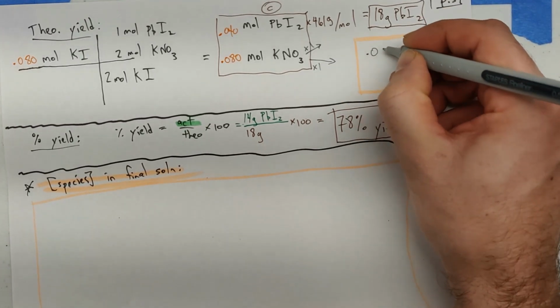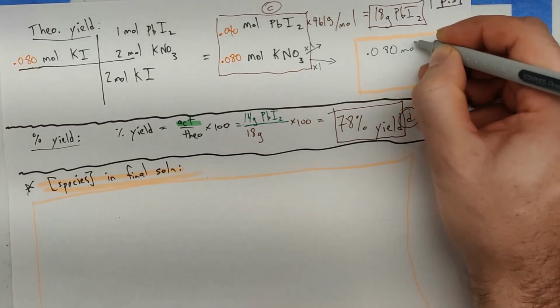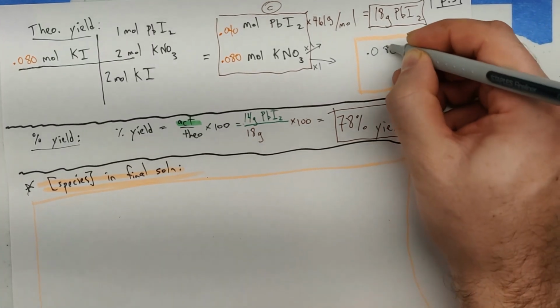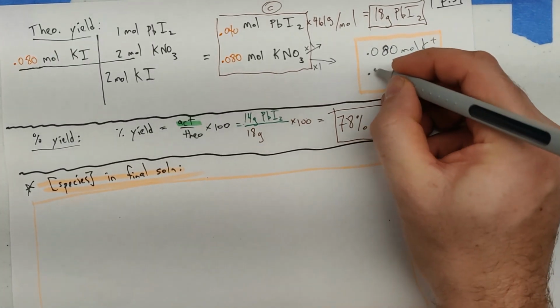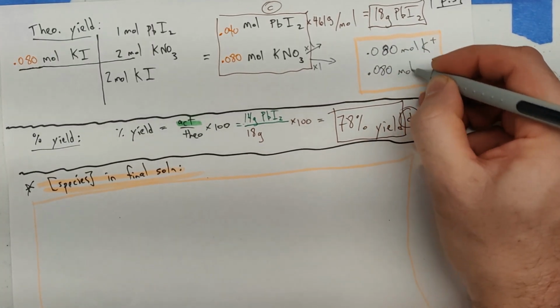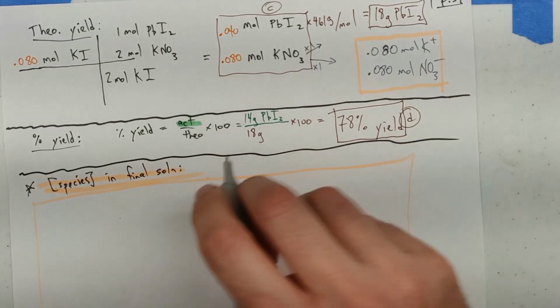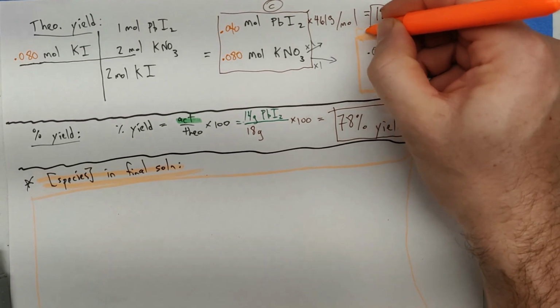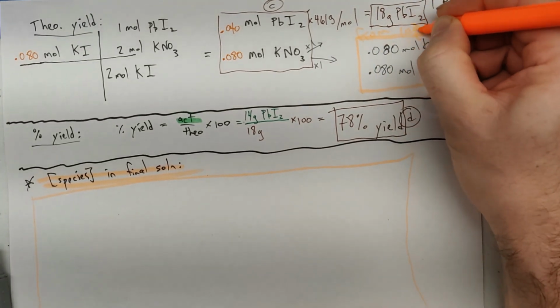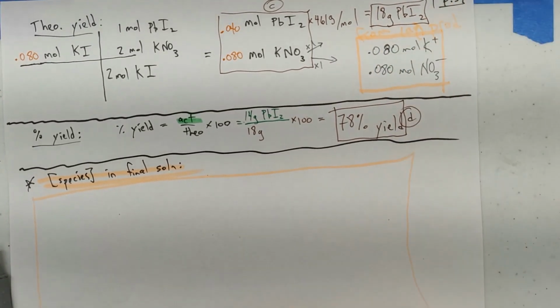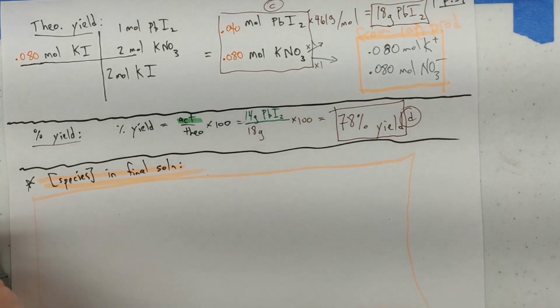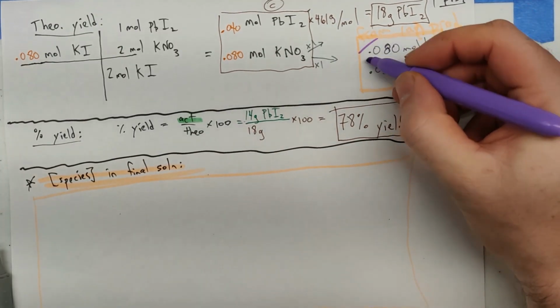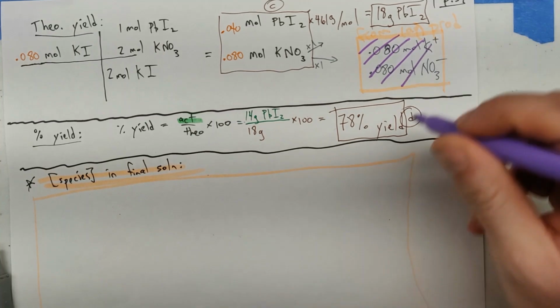That's 0.080 moles of potassium ions and 0.080 moles of nitrate ions. And that stuff is coming from my aqueous product. And I'll highlight that that is in our final solution just so I can keep track of it.